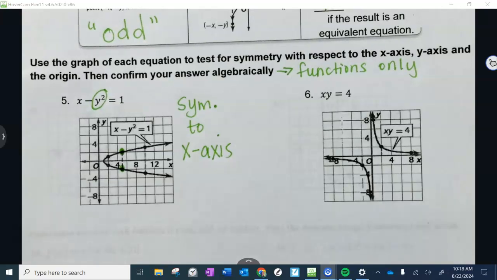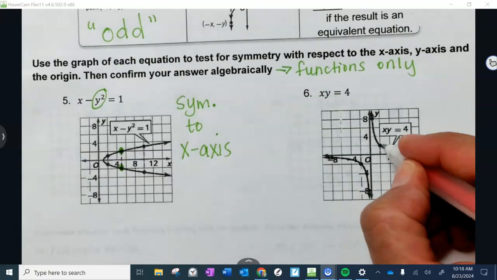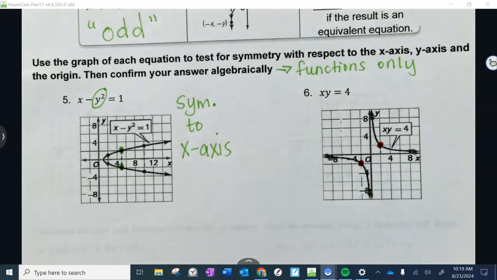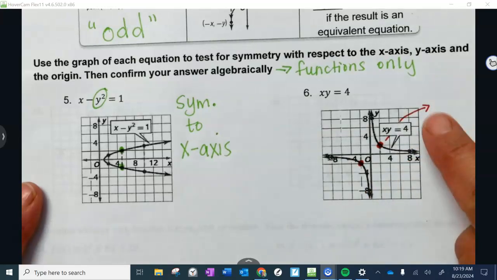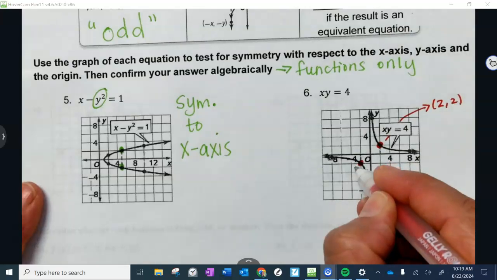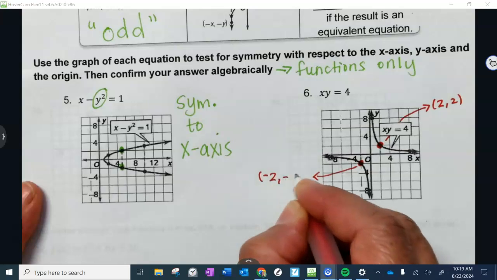All right, let's take a look at number 6. So for number 6, again, this graphic has some ordered pairs highlighted for us. Notice the scale is in increments of 2. So the ordered pair over here in quadrant 1 is 2, 2. The ordered pair over here in quadrant 3 is negative 2, negative 2.